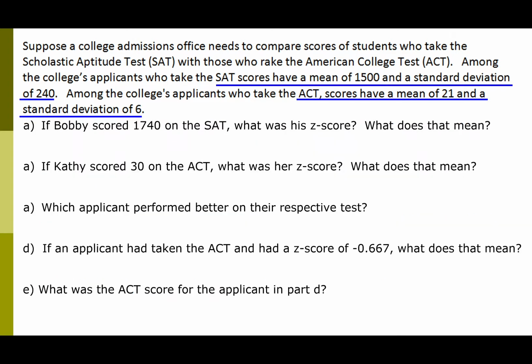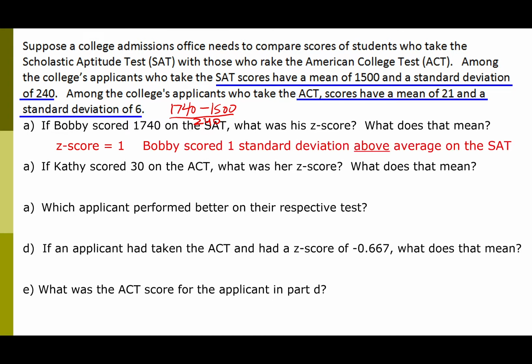So go back to Bobby scoring the 1740. If we want to find out what his z-score is, we're going to find it by doing the 1740 minus the mean, 1500, and then dividing by the standard deviation, which is going to give me a z-score of 1. Once again, that's doing 1740 minus 1500 all over 240. So what that means is he's 1 standard deviation above the average on the SAT.